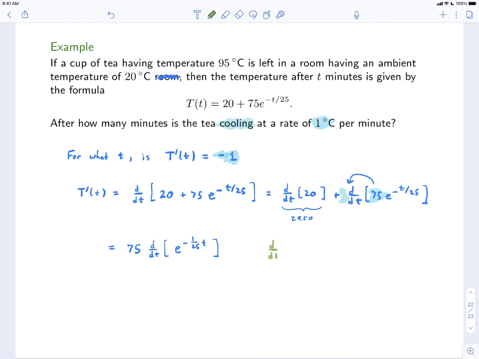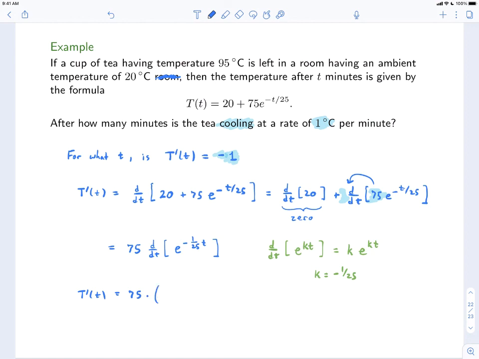The derivative with respect to t of e to the k times t, where k is a constant, is equal to k times e to the kt. So in this particular case, we're going to let k equal negative 1 over 25. Therefore, T prime at t is equal to 75 times the derivative of e to the kt.